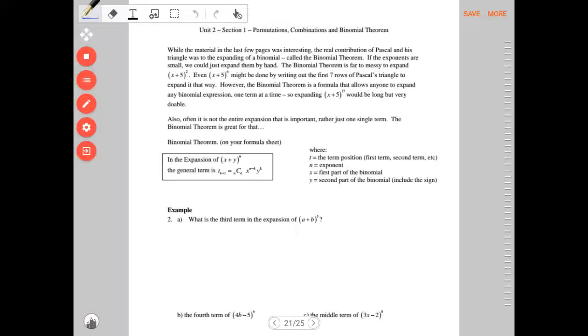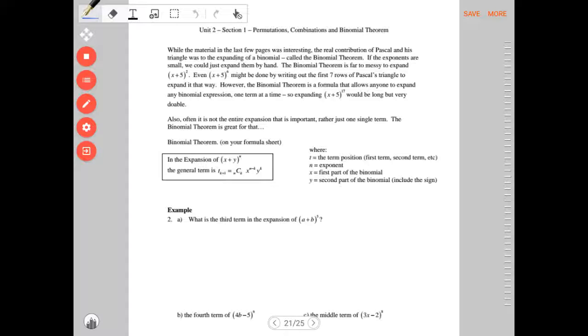Okay, while the material on the last few pages was interesting, the real contribution of Pascal and his triangle was to the expanding of a binomial, called the binomial theorem. If the exponents are small, we could just expand them by hand. You might even be able to expand x plus 5 to the 6th by writing out the first 7 rows of Pascal's triangle.